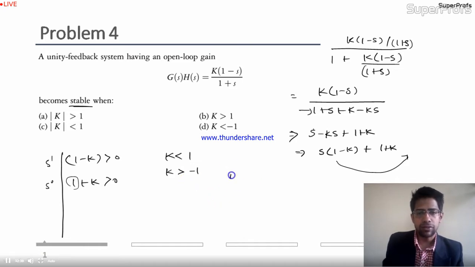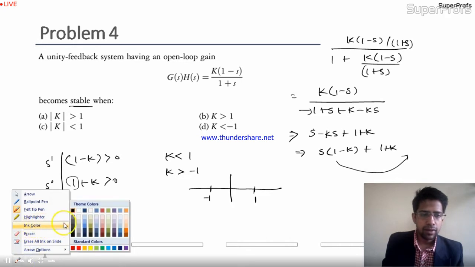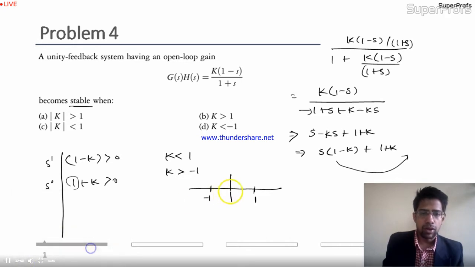Okay, so if you draw a number line, this is minus 1 and this is 1. Now you want your value of K to be less than 1. So that means, let me use another color. Let me use yellow color.